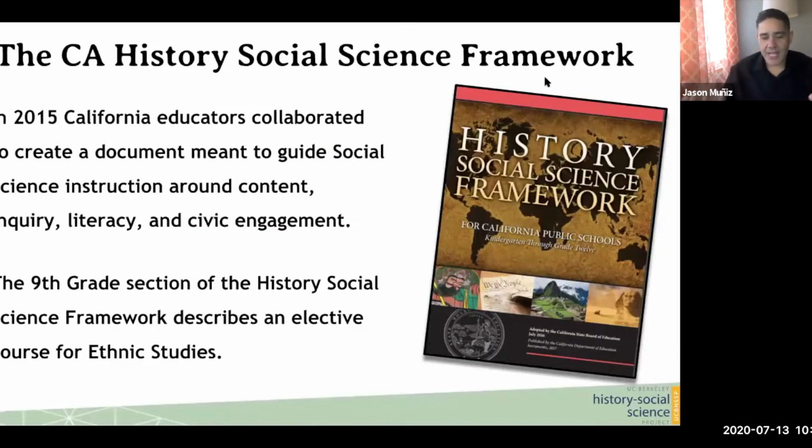If you've never seen that before, in 2015, California educators collaborated to create a document that guides social studies instruction throughout the state in terms of inquiry, literacy, civic engagement, and they gave some definitions as to what should be covered in each of the grade levels and grade spans, with a little bit of attention to ninth grade.